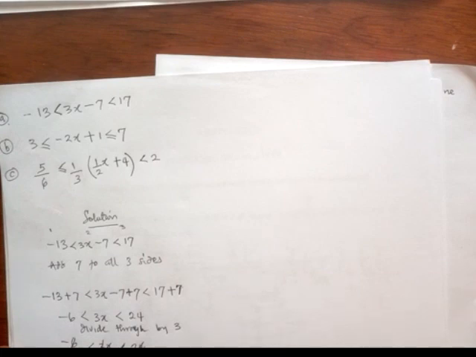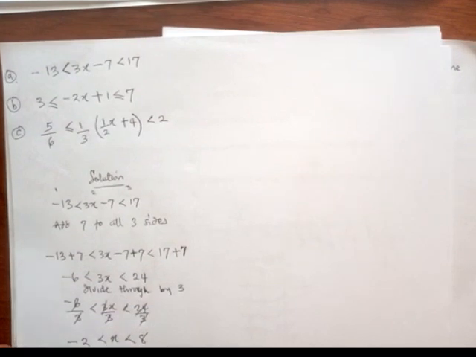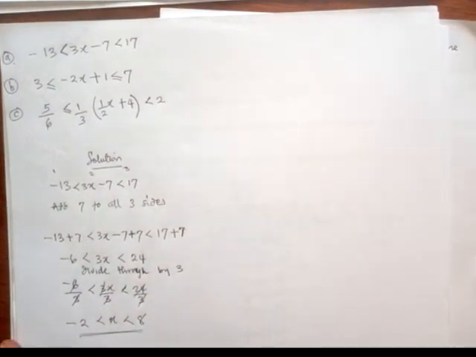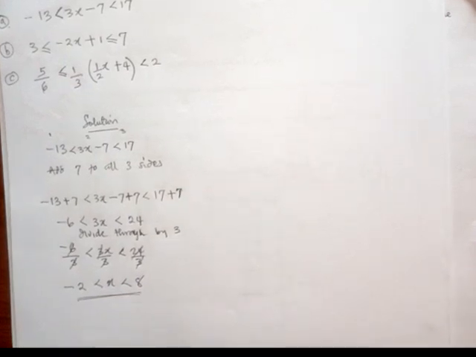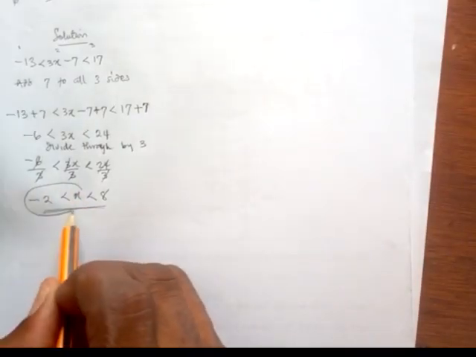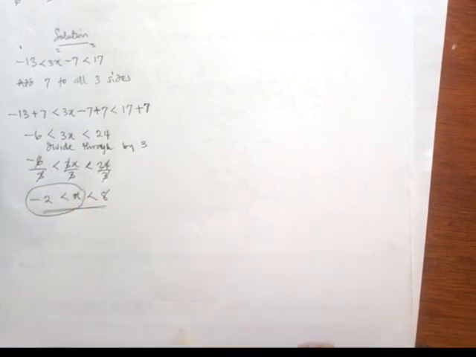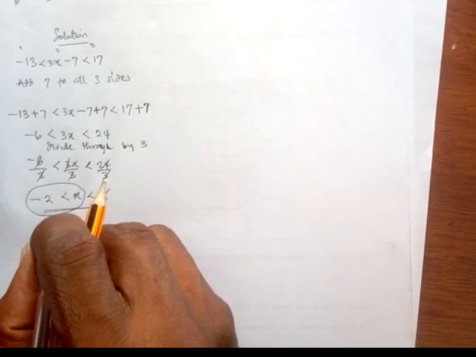So how do we graph this on our number line? That's what we'll do next. Minus 2 less than x is the same thing as x is greater than minus 2.